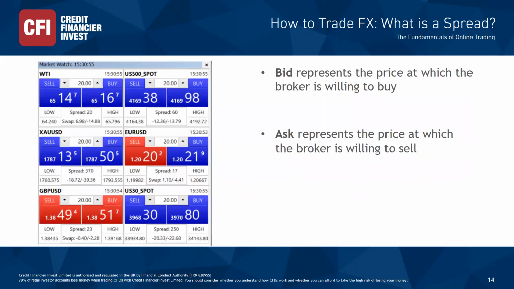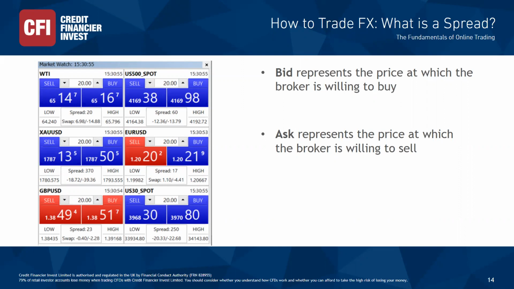Then also very important to know, and this will be based on your trading cost most of the time, again, it depends on the type of account that you have with different brokers, or in this case with CFI Financial, is the spread. The spread is basically the difference between the bid and ask price. The bid price essentially represents the price at which the broker is willing to buy, so in this case, the price at which you're going to sell.